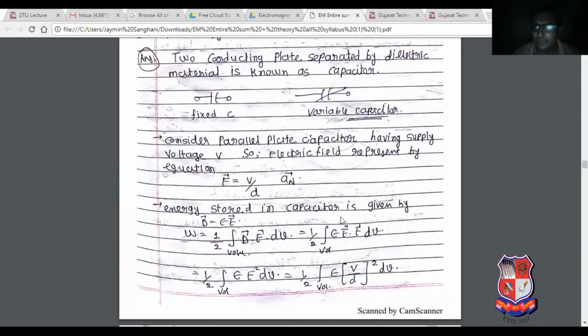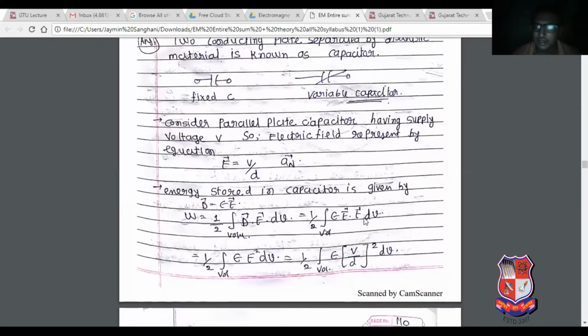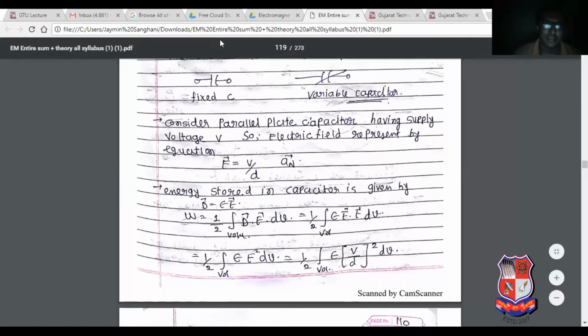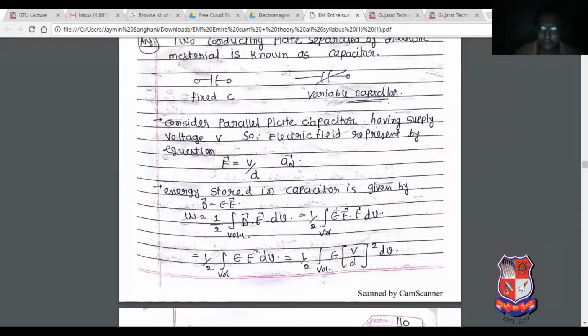D equal to epsilon E is also a fundamental equation. And E equal to V by d, put this value here. Put D equal to epsilon E here. So epsilon times V by d, all squared.